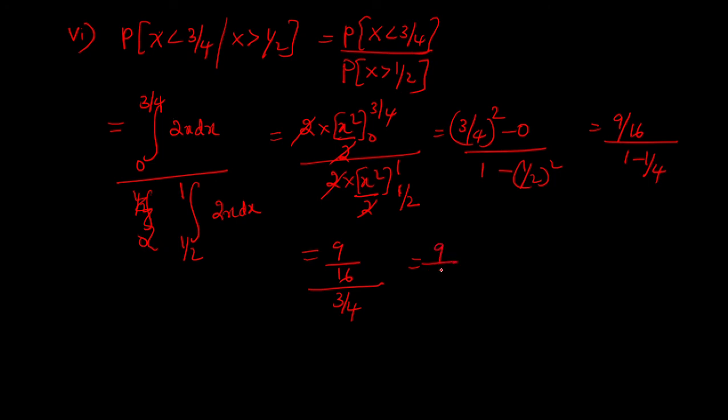Multiplying 9 by 16 into 4 by 3, which is equal to 3 by 4. That is the probability of x less than 3 by 4 given x greater than 1 by 2. Dividing both the probabilities, we get the value 3 by 4. Thank you.